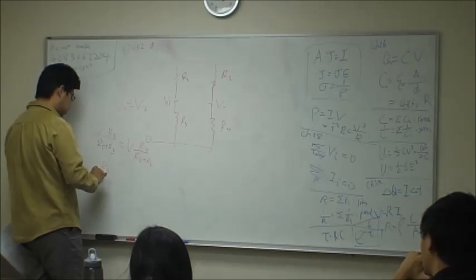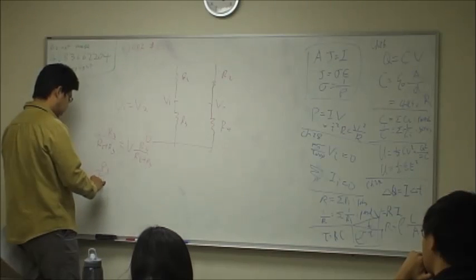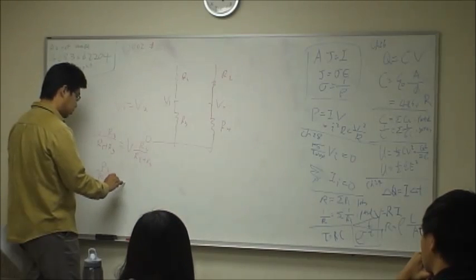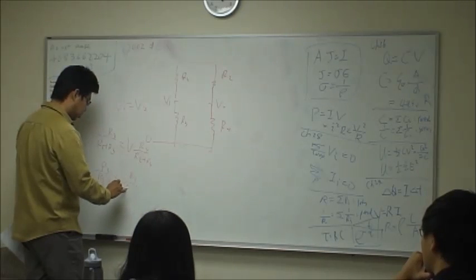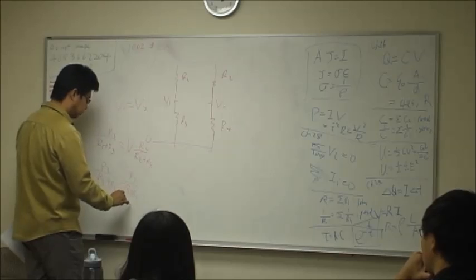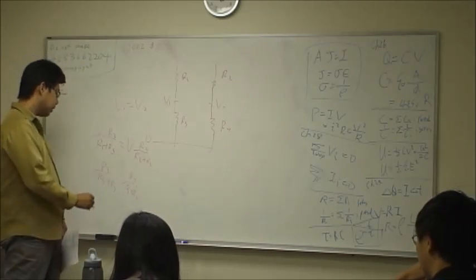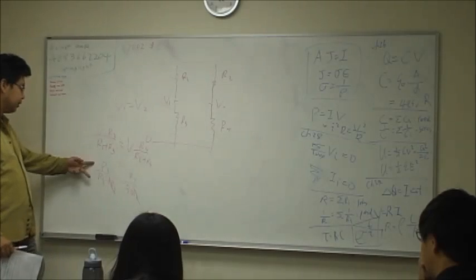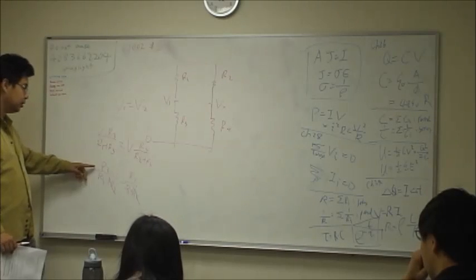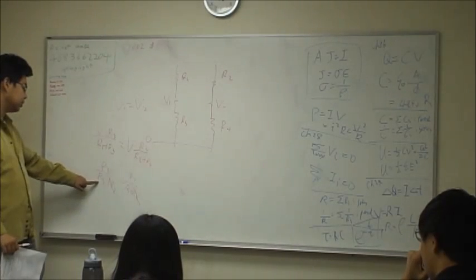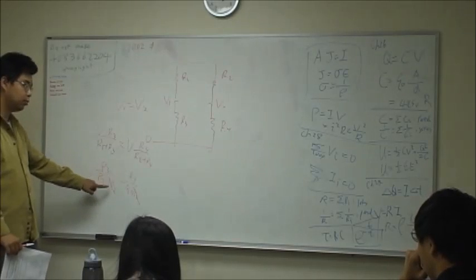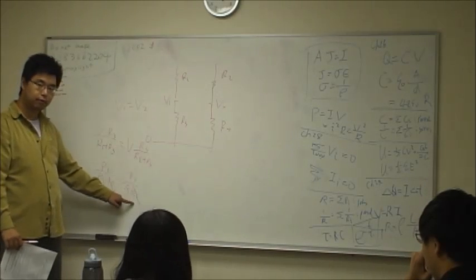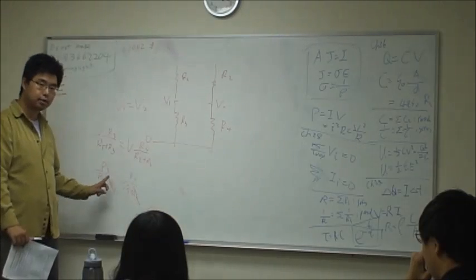I can cancel V immediately, because if I flip it, R1 plus R3 on top over R3 is 1 plus R1 over R3, and R2 plus R4 over R4 is 1 plus R2 over R4, so I can just cancel the 1.